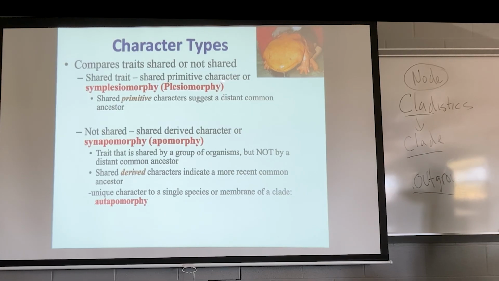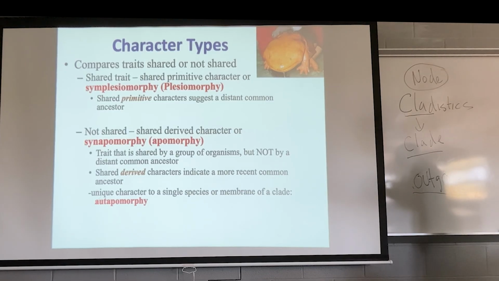So these are primitive or ancestral characters that suggest a distant common ancestor relationship. So in the frog example, all frogs are frogs because they have slimy skin and 4 legs and no tail. Those are all plesiomorphic. They are really good at telling us what a frog is, but they're not really good at separating all the frogs into groups, right? Because all frogs have those characters. So those are what plesiomorphies are.